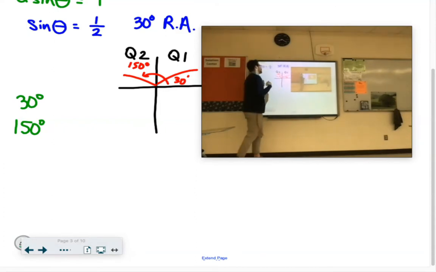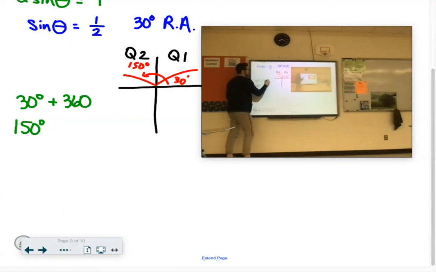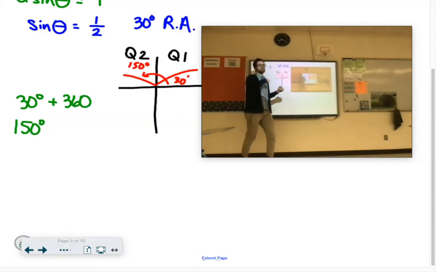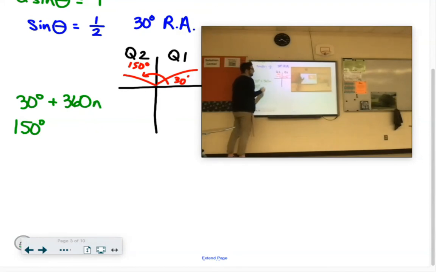So the way we're going to write that is plus 360, but it could be an infinite number of 360s. So we'll say plus 360 n, right? That could be 4 revolutions. It could be 100 revolutions. But that lists every possible coterminal angle with 30 degrees. You can do the same thing with 150, plus 360 n.